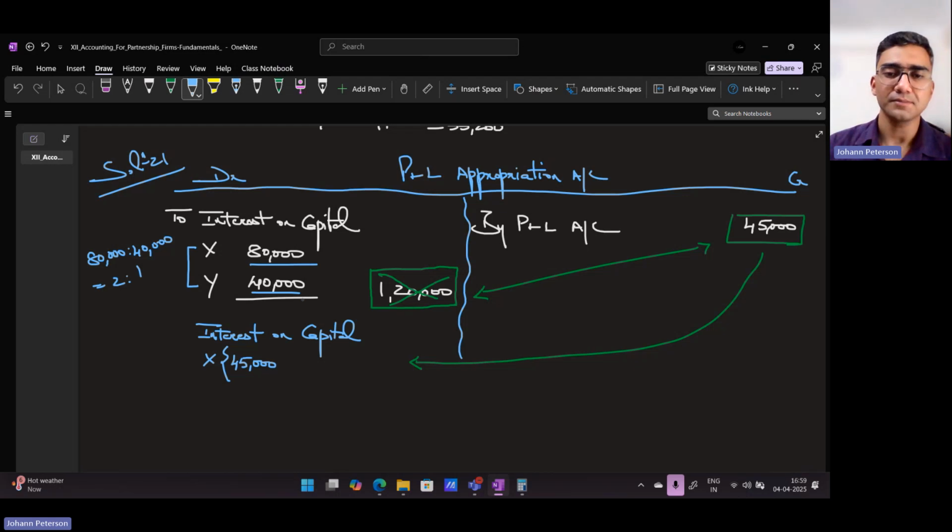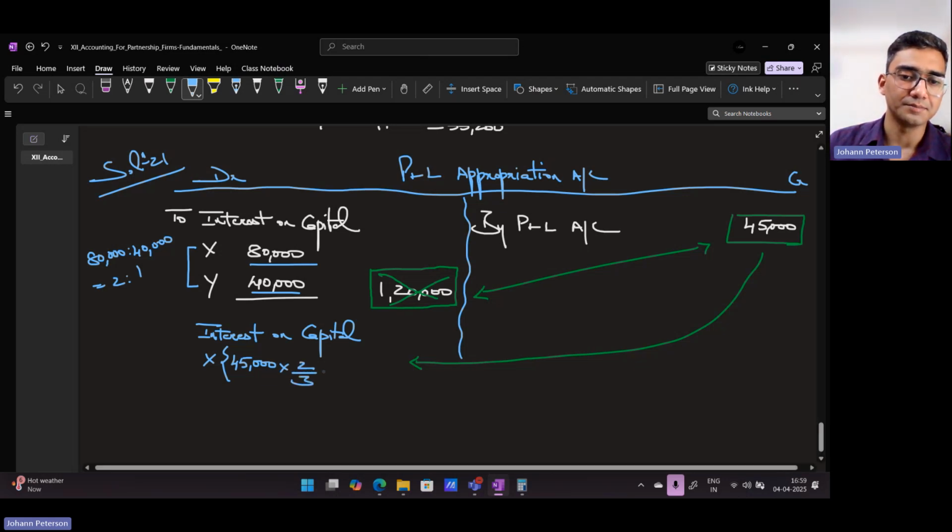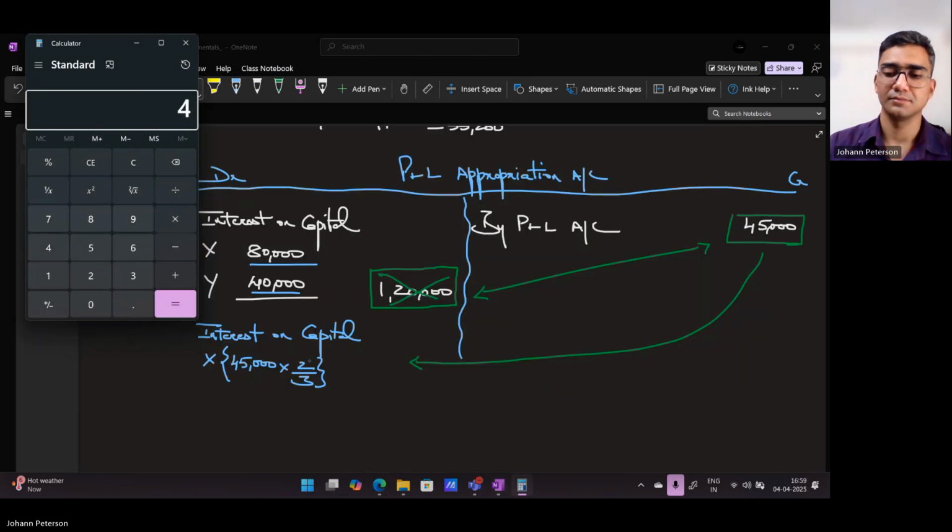That would have been fine. But right now I do not have 120. What I have is 45,000. So 45,000 also, I should divide in the same ratio. So therefore X gets 45,000 into 2 upon 3, which is 30,000.